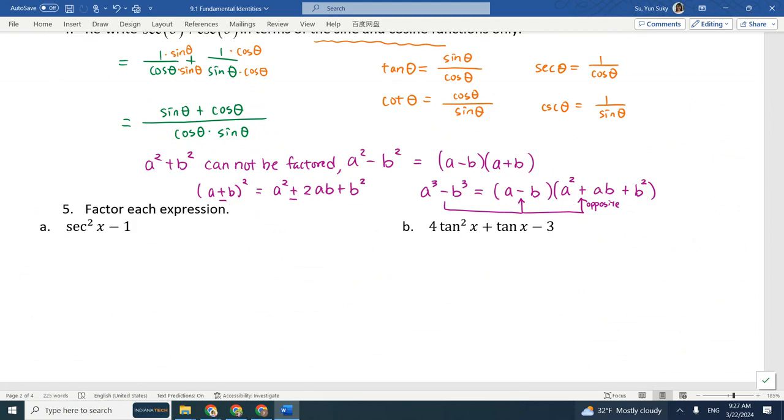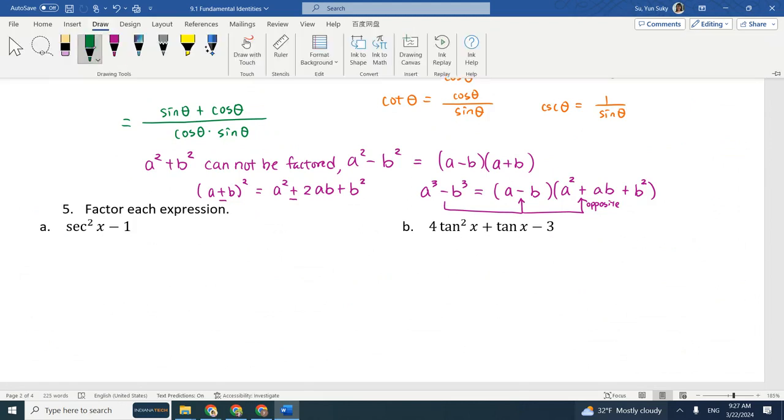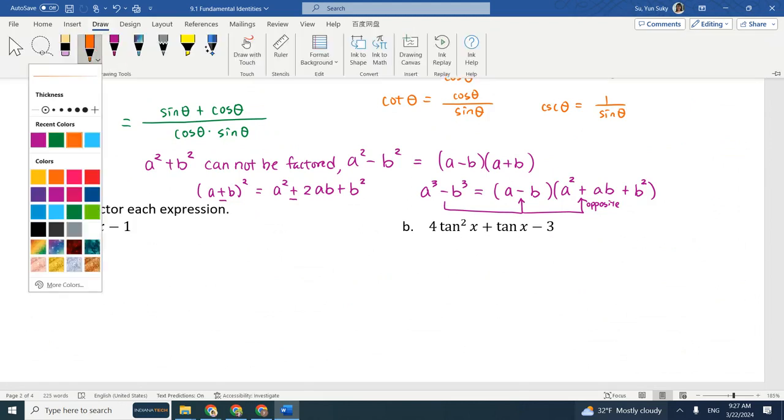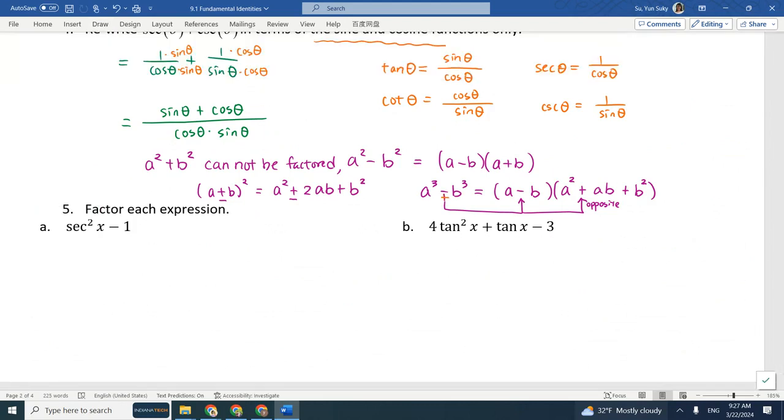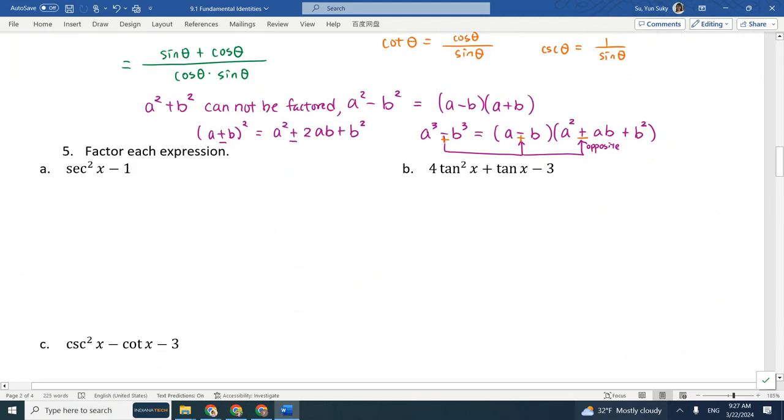Do you still remember these? And if you have plus here, then the first one is plus, the second one is minus. Only change the sign of the middle. Right? So this is how we factor.